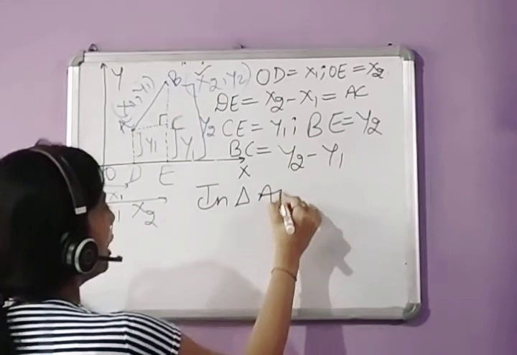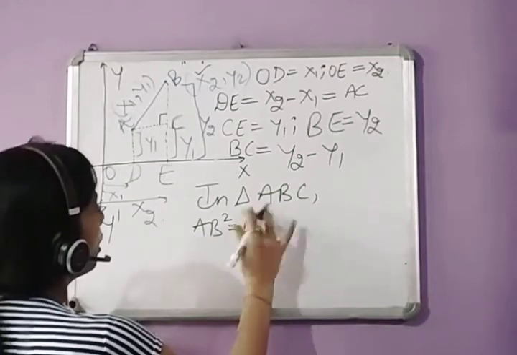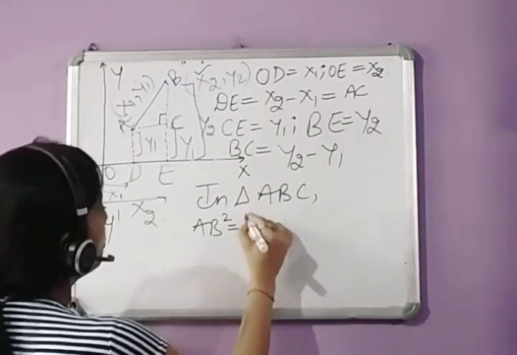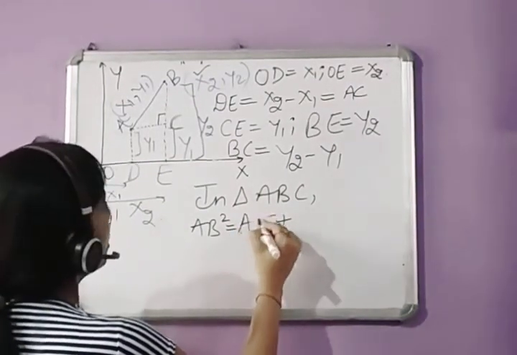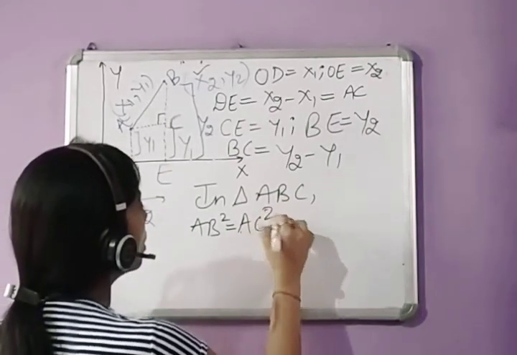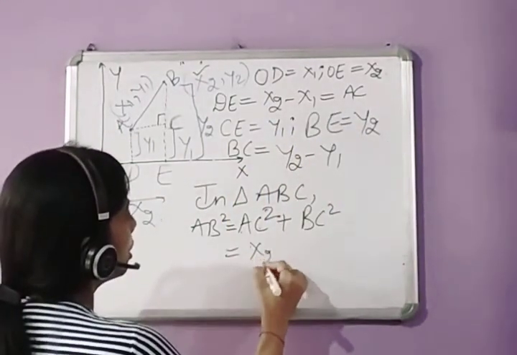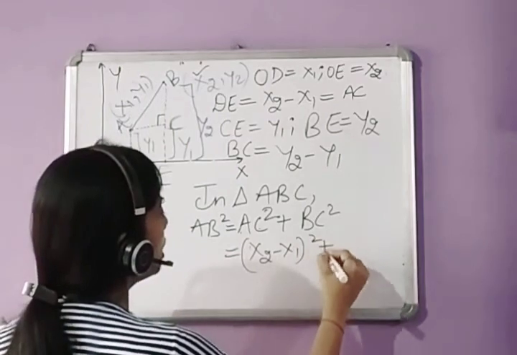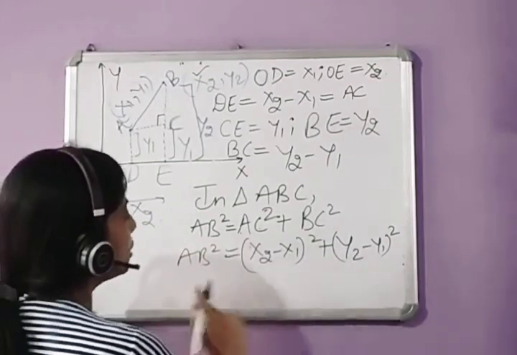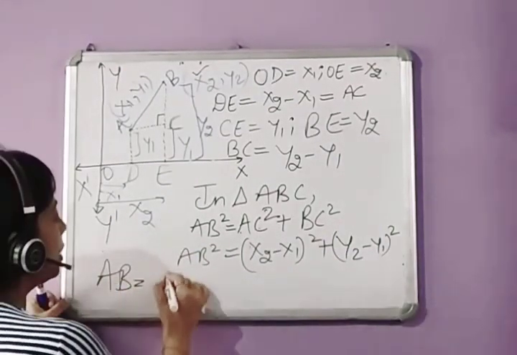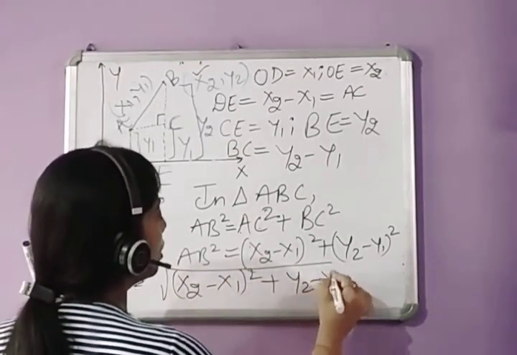Now apply the Pythagoras theorem. In triangle ABC, AB square is equal to AC square plus BC square. What is AC over here? AC is x2 minus x1, so AB square is (x2 minus x1) whole square plus (y2 minus y1) whole square. Taking square root on both sides, I will get this formula.